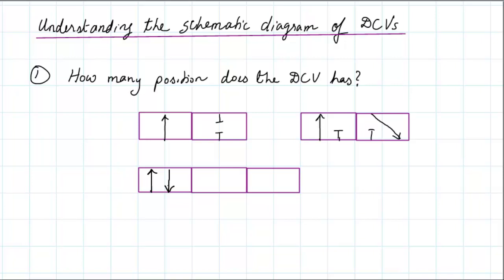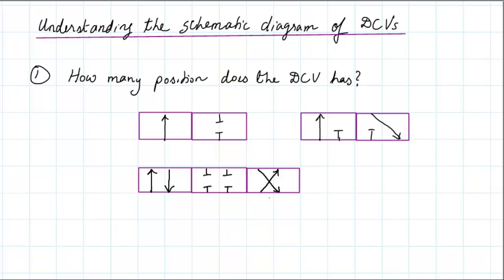So here I have chosen to have 4 ports. One of the positions is like this. The next position is that nothing is flowing. So I will draw it like this, that this is also closed, this is also closed, this is also closed, this is also closed. And then the third position, let me draw something like this, that from here the fluid is flowing in this direction, and from here in the return it is flowing in this direction.